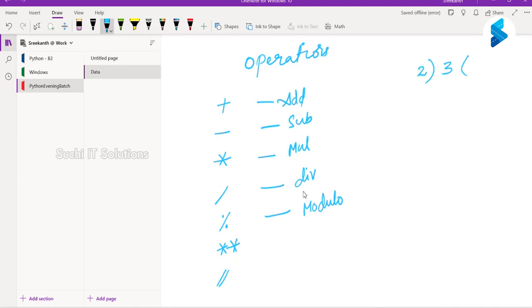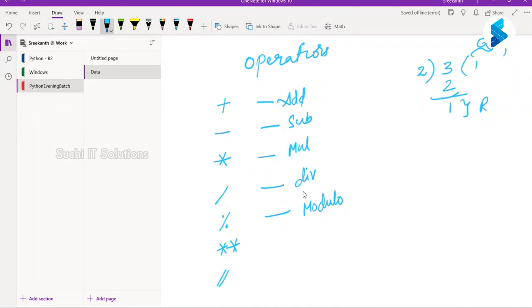If I have to divide this, 2 ones are 2, and then I have 1. So there are two values that you will be getting: one is your quotient and another one is your remainder.